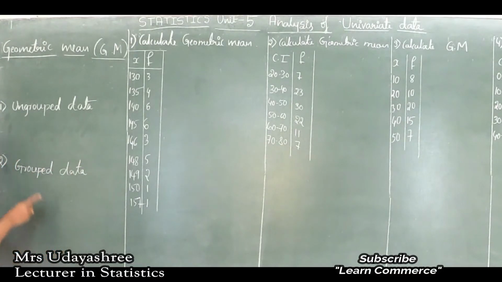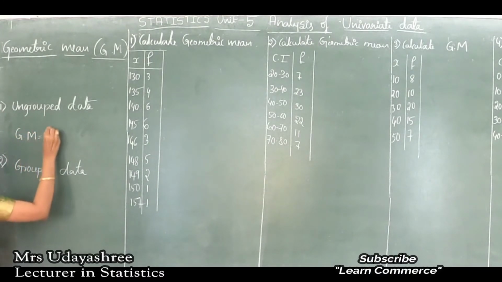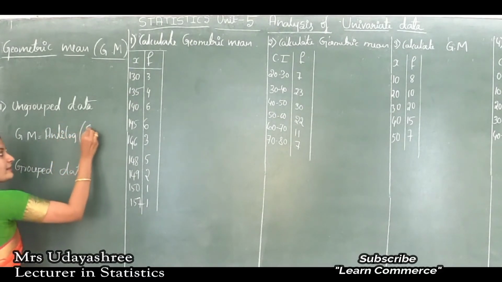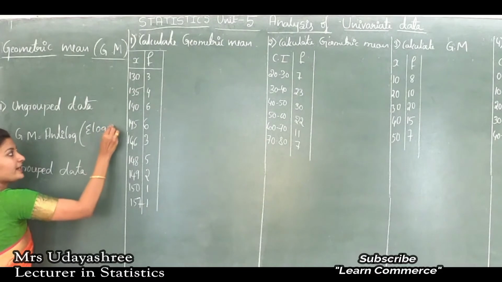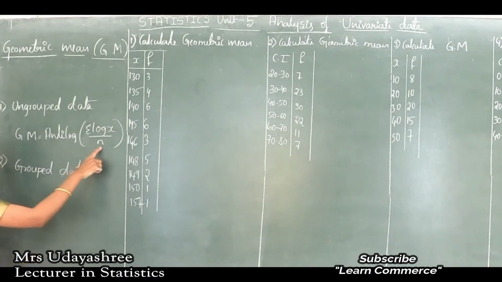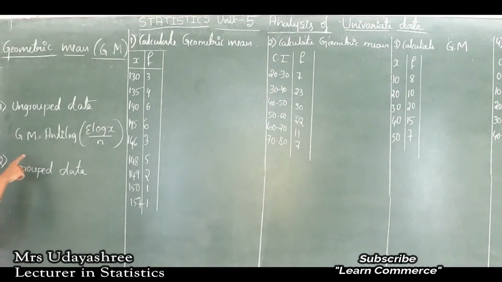In the previous class we discussed how to calculate geometric mean in case of ungrouped data. The formula is geometric mean is equal to anti-log of summation log x divided by small n. Here x is the observation and small n is the number of observations. So that we had already discussed.